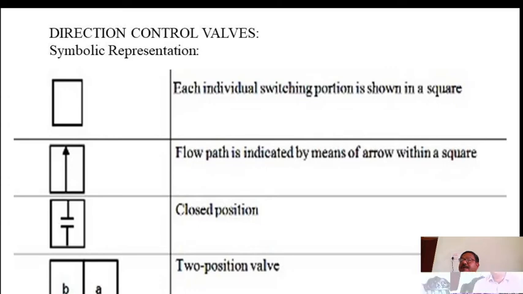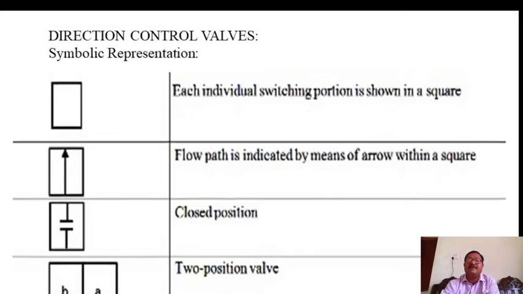The small perpendicular lines are the openings or ports of the valve. Change in the flow direction is achieved by different positions of the valving element housed inside the valve body. Flow path is indicated by the arrow within the square; here the flow takes place from the bottom to the top.